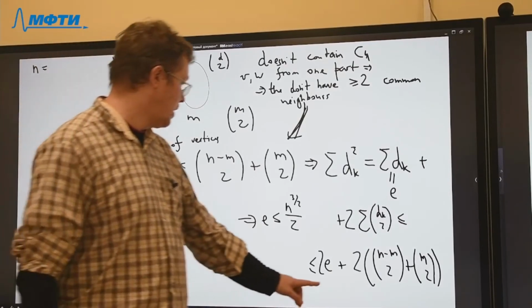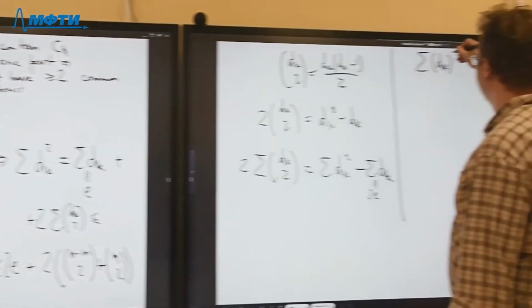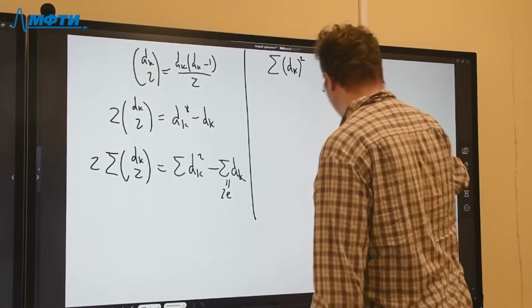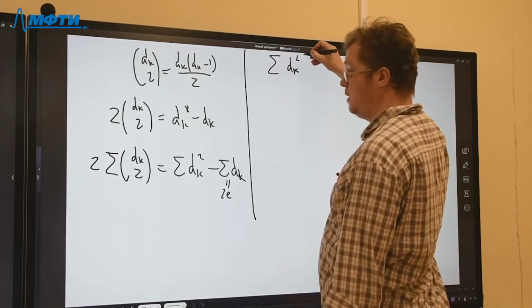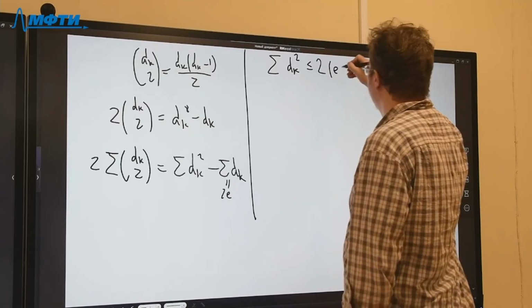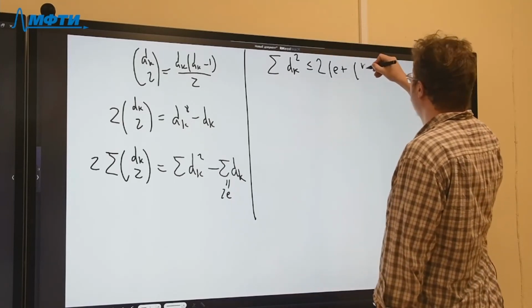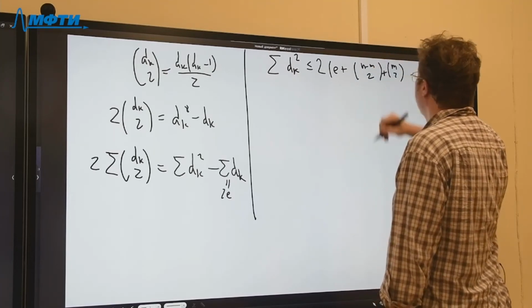Okay, so if we continue here, we want to prove that the sum of d_k squared is not greater than 2 times (e plus n choose m over 2 plus m choose 2).